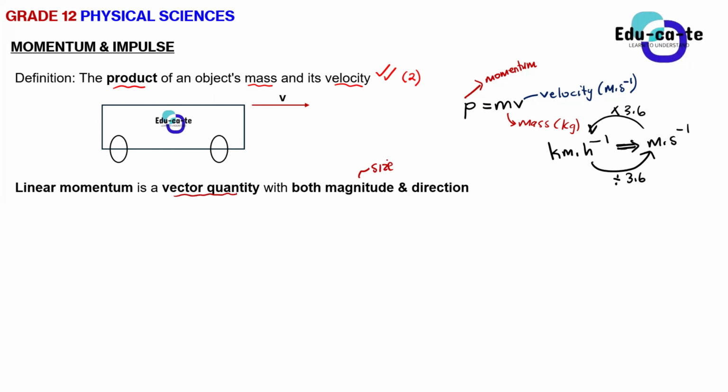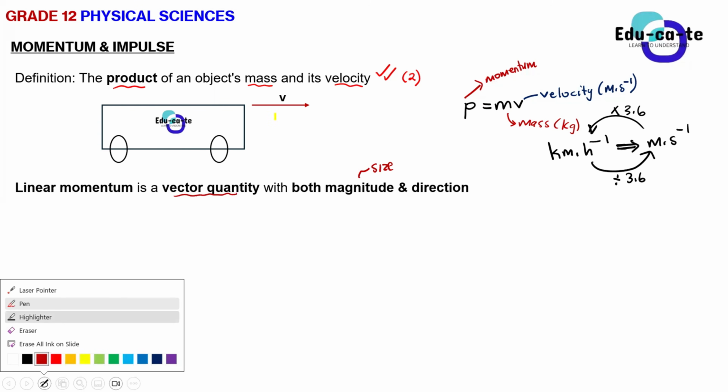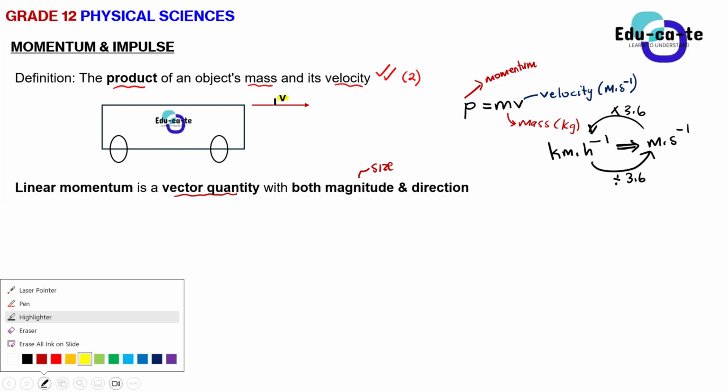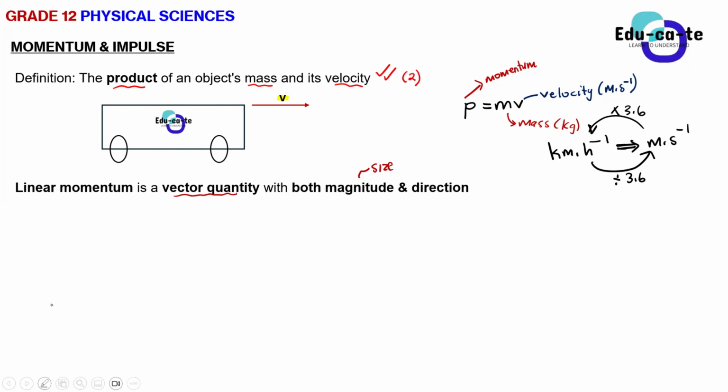Let's say this car, moving to the right, is moving with a velocity of 2 meters per second, and the car is 200 kg. So we've got a 200 kg car moving at a velocity of 2 meters per second to the right.